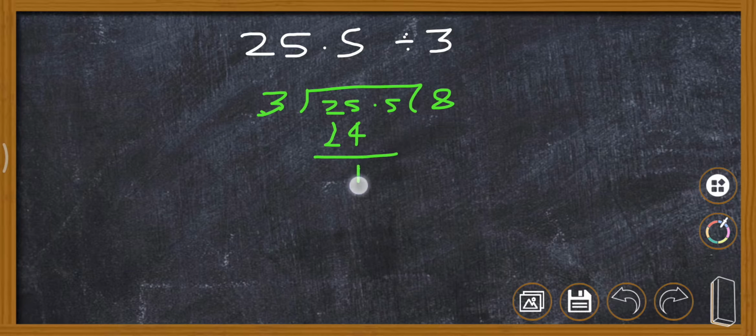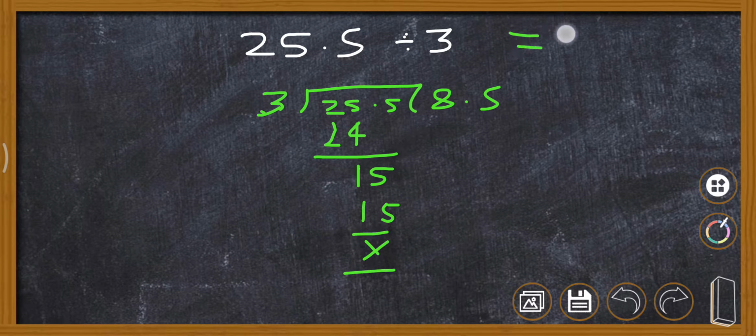Then 1, it is 0.5, so point will be taken here and 5 will be taken here. So it is 5s. So answer is 8.5. So in this way you are required to do this.